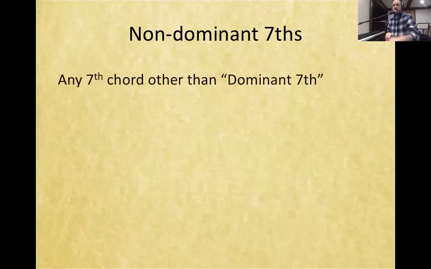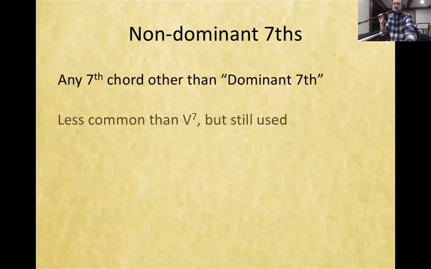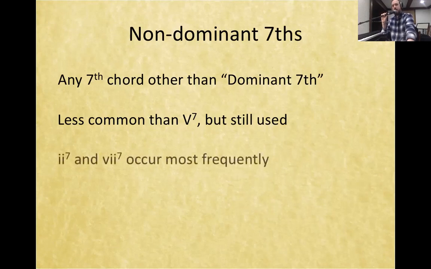What we're going to find is that this is not quite as common as having the 7th on the 5/7 chord, but still pretty widely used. And there are some that are, of course, more common than others, as we've seen with all of our harmonic ideas. And the two that follow the 5/7 chord as by far the most commonly used 7th chords are the 2 chord and the 7 chord. And this is both in major keys and minor keys.